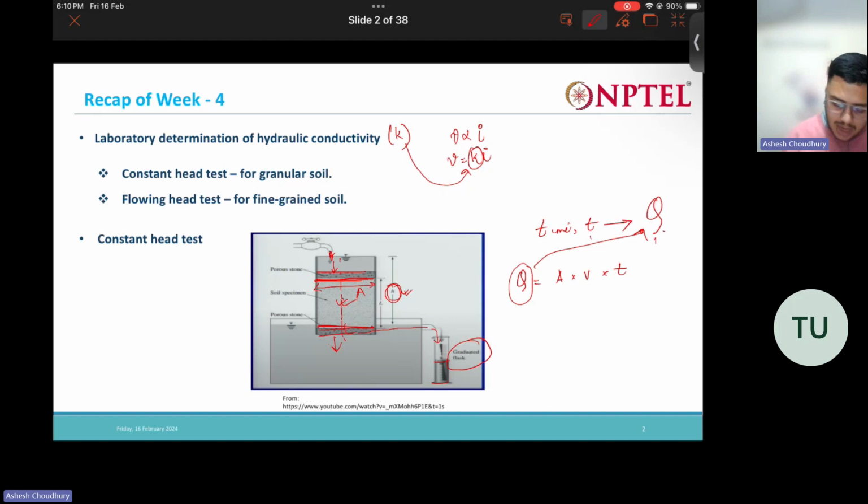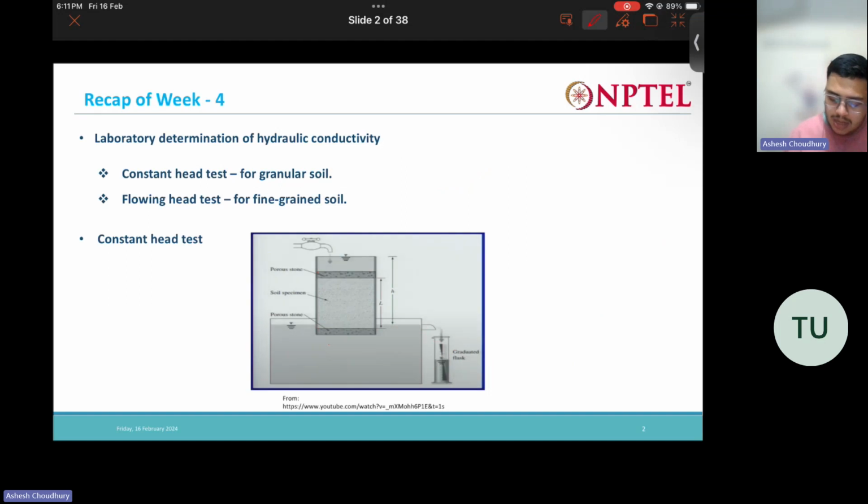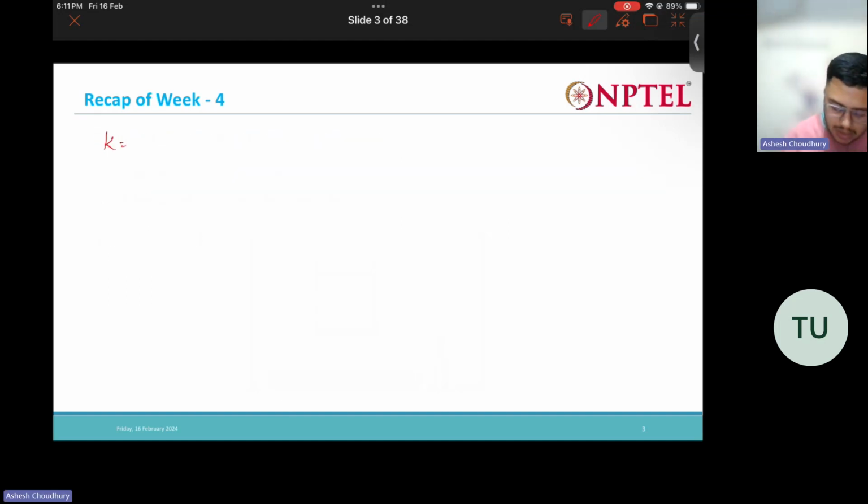Now v is nothing but k times i, so Q equals k i A t. From here, if I want to calculate k, I can easily calculate it as Q by A i t.